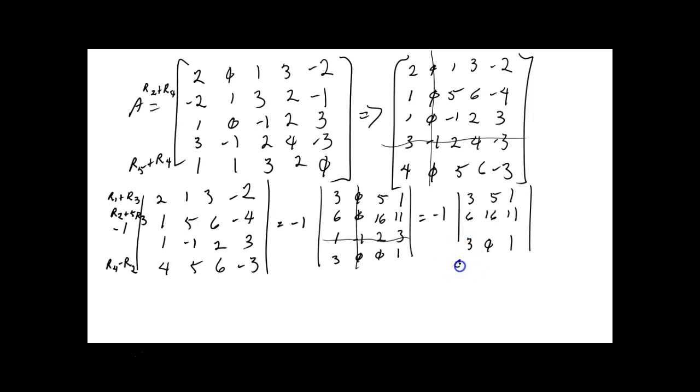So let's do column 1 minus 3 times column 3. Okay? That's going to be a minus 1, here, hauling that around. Okay? And we're going to leave column 3 alone, which is 1, 11, 1. Leave column 2 alone, 5, 16, 0.